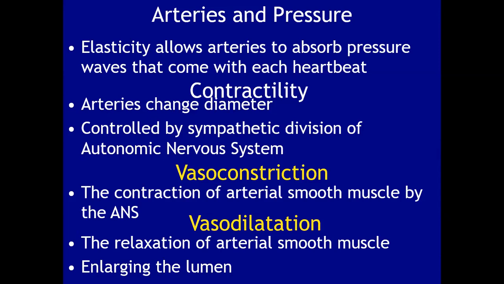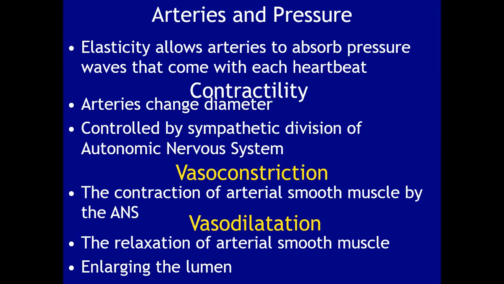We talked about this in A&P 1 when we got to the brain and how the sympathetic division of the autonomic nervous system can help us contract if we're in fight or flight mode. And it's going to allow us to move blood wherever we need to move it in the body.